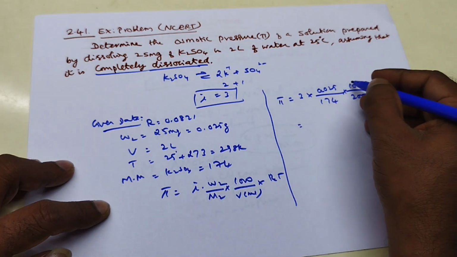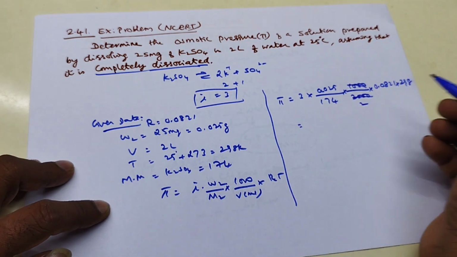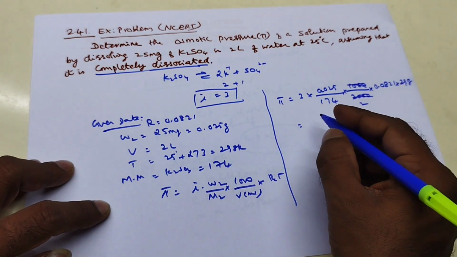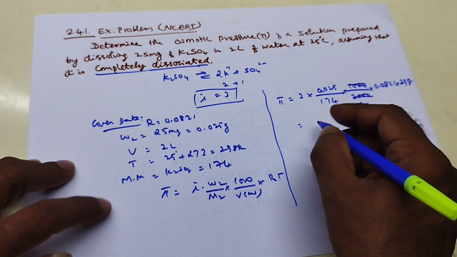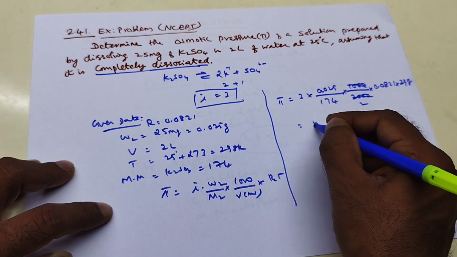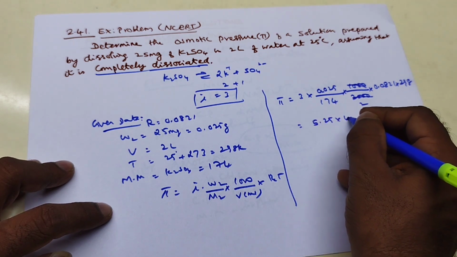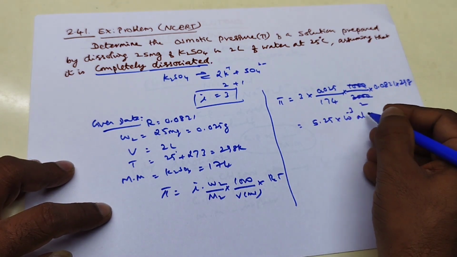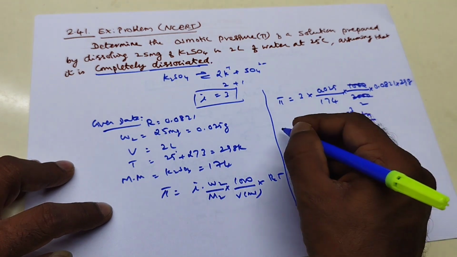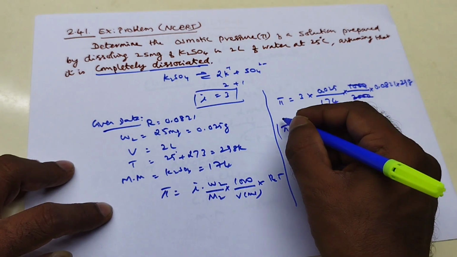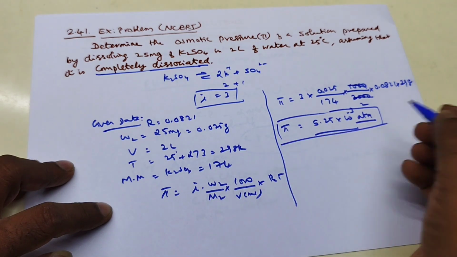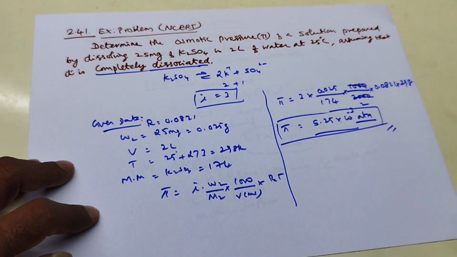You have to simplify this. The answer comes to about 5.25 × 10^-3 atmosphere. Pi is expressed in atmospheric pressure. So this is the answer for this problem.